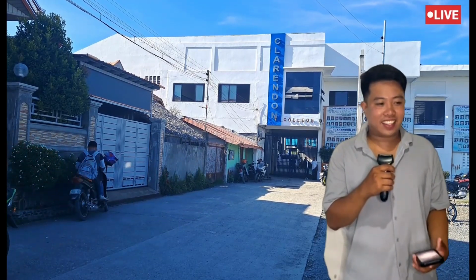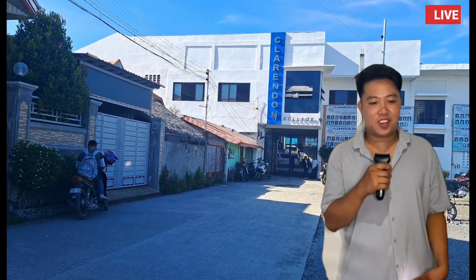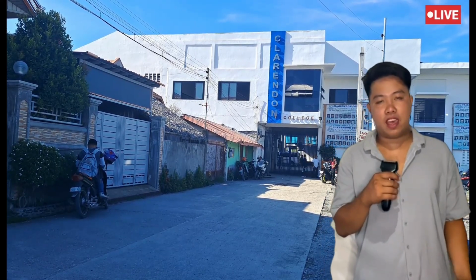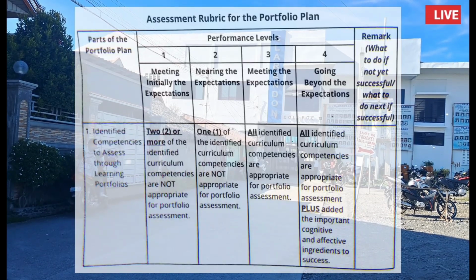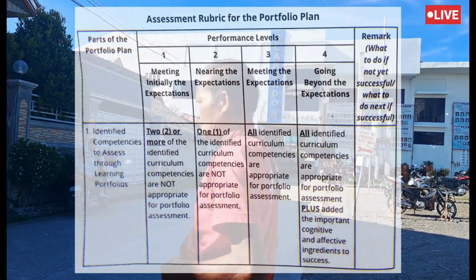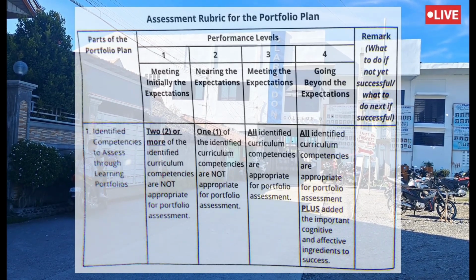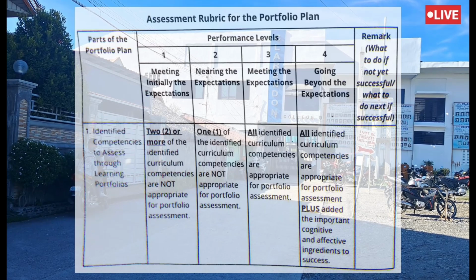If you are not yet at the top based on your evaluation, then improve your plan to be successful at the end. Here is the assessment rubric for the portfolio plan. We have the parts of the portfolio plan. Number 1, identify the competencies to assess through learning portfolios.